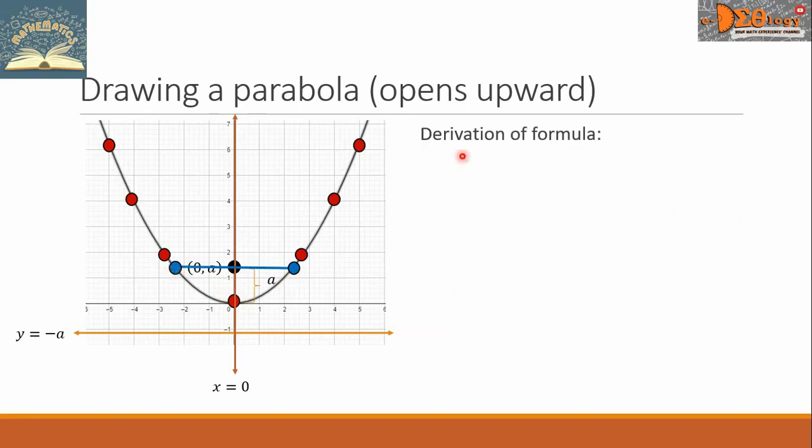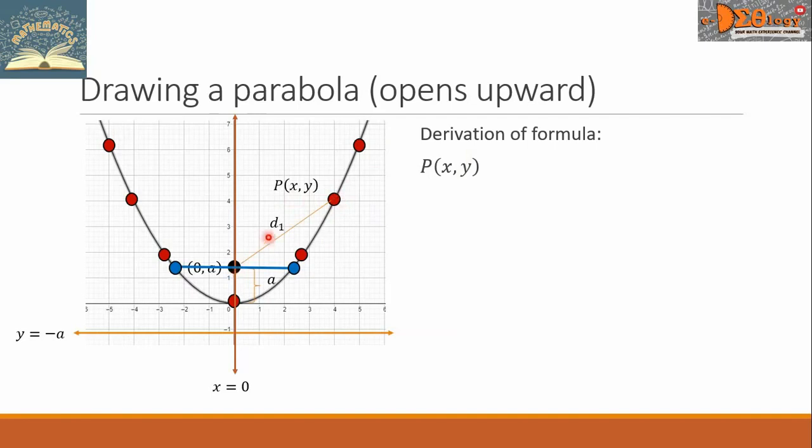Let us now derive the formula. Let us pick one point of the parabola, let's say this point, and we name this point P with coordinates (x, y). And then let us consider the distance from this moving point to the focus, which is a fixed point.